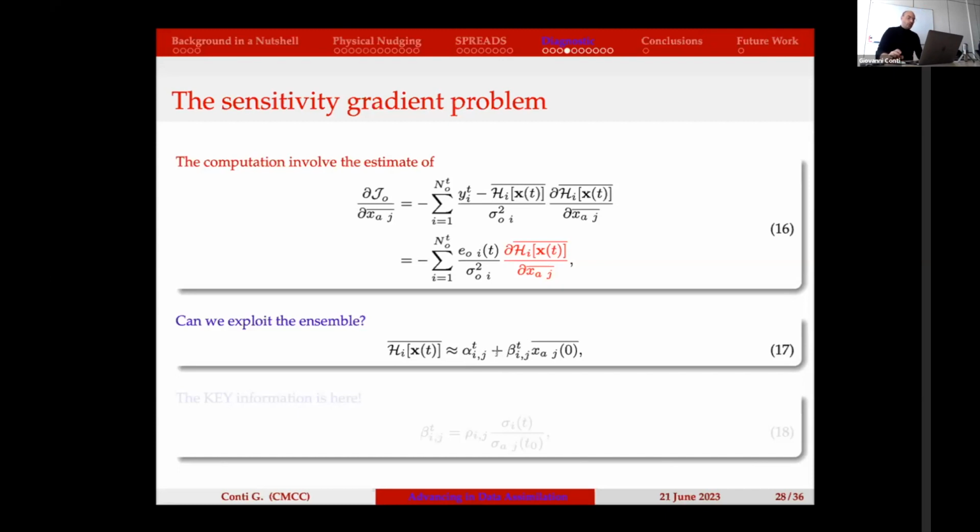If you want to go beyond this time scale, you need to consider a polynomial expansion. But for the idea, this is more than fine for the moment. And actually, you do not need this alpha coefficient, but just the second one, that includes the correlation and the spreads of the forecast and the spreads of the analysis.